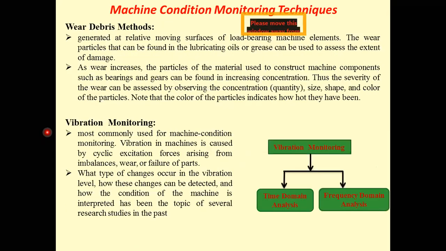Now, the next, fourth method, is called the wear debris method. This wear debris is generated at relative moving surfaces. The wear debris is generated because there is relative motion between the mating surfaces. So this wear debris is generated at relative moving surfaces of load bearing machine elements.